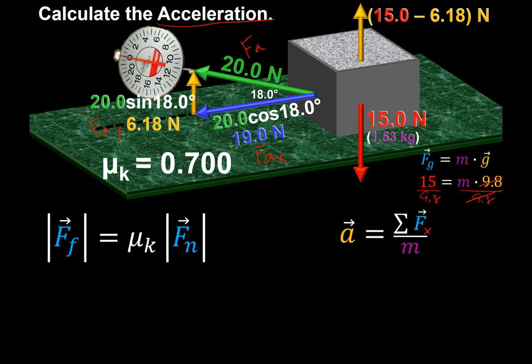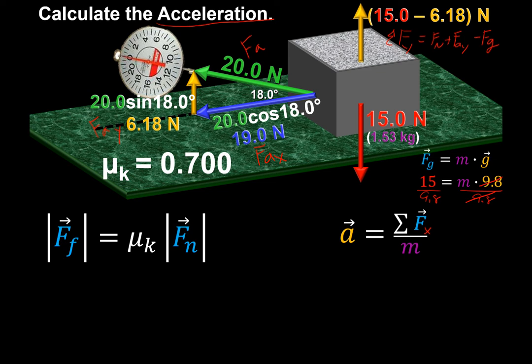Where that comes from, let's see here. Okay. Where that comes from is the net force in the y. So the net force in the y, we have force of normal going up plus a force applied in the y. Net force in the y equals force of normal plus force applied in the y minus force of gravity, right?